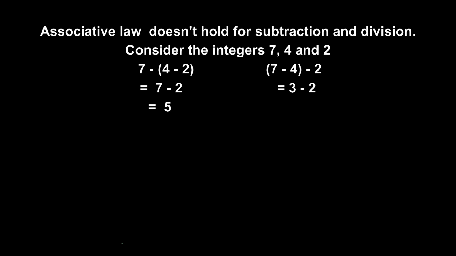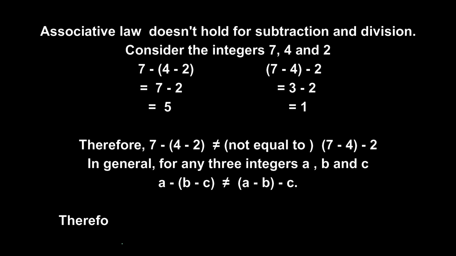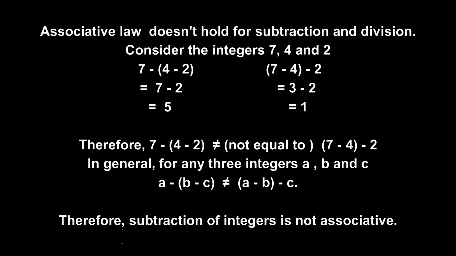We are taking three integers, that is 7, 4 and 2. We are grouping the last two in the first example and the first two in the second example. That is 7 minus, in a bracket, 4 minus 2. Always when there is a bracket, we have to solve the bracket first. So 4 minus 2 is 2, and 7 minus 2 is equal to 5.